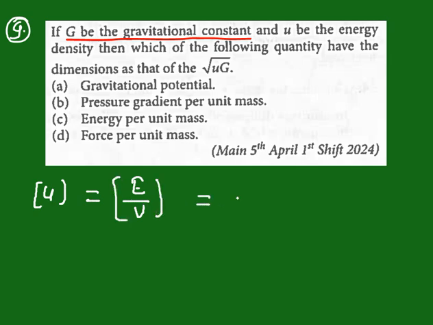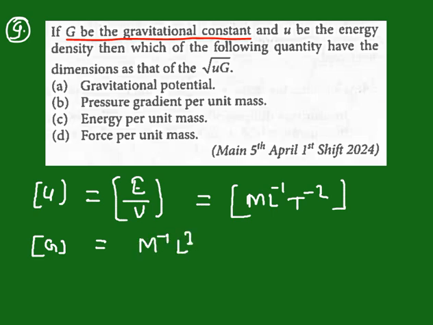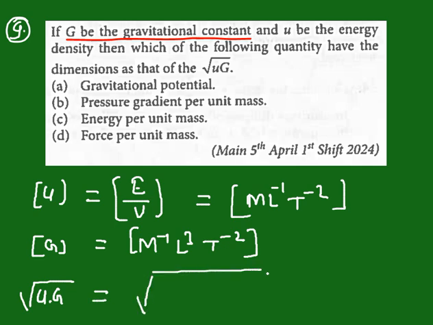So writing the dimension of energy density, we get ML^-1T^-2, and the dimension of G we must memorize, or else we have to calculate. These questions are memory based questions, and we can save time on them.